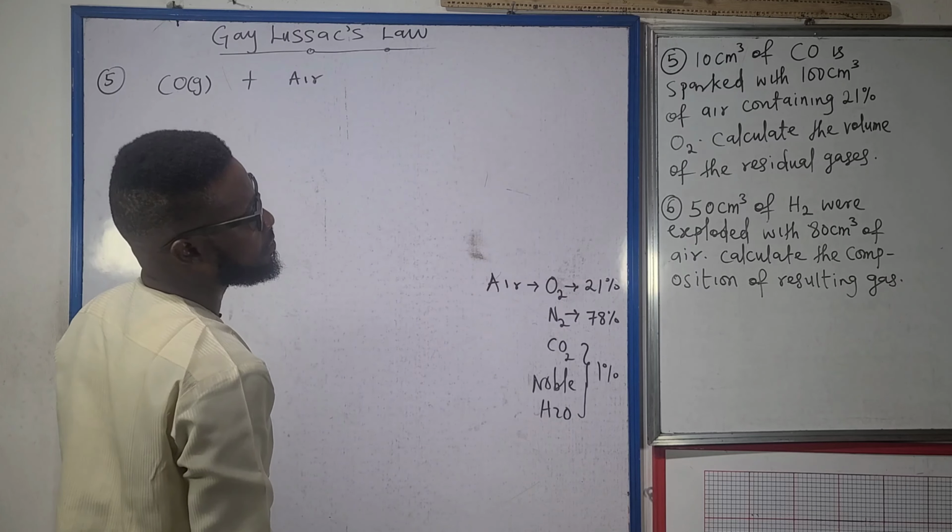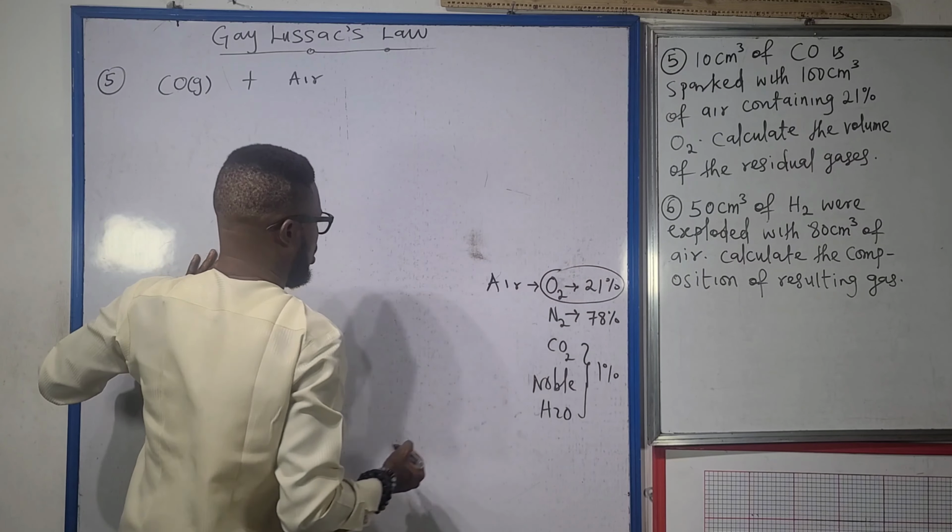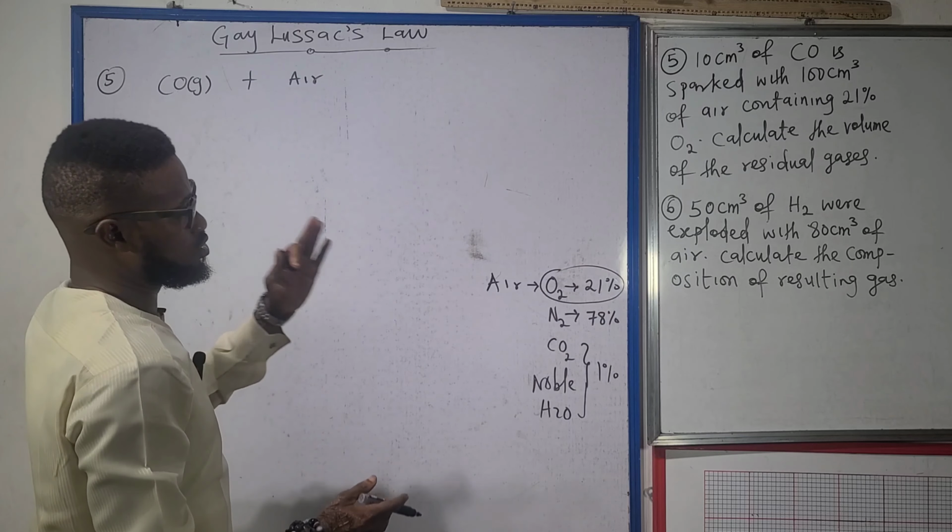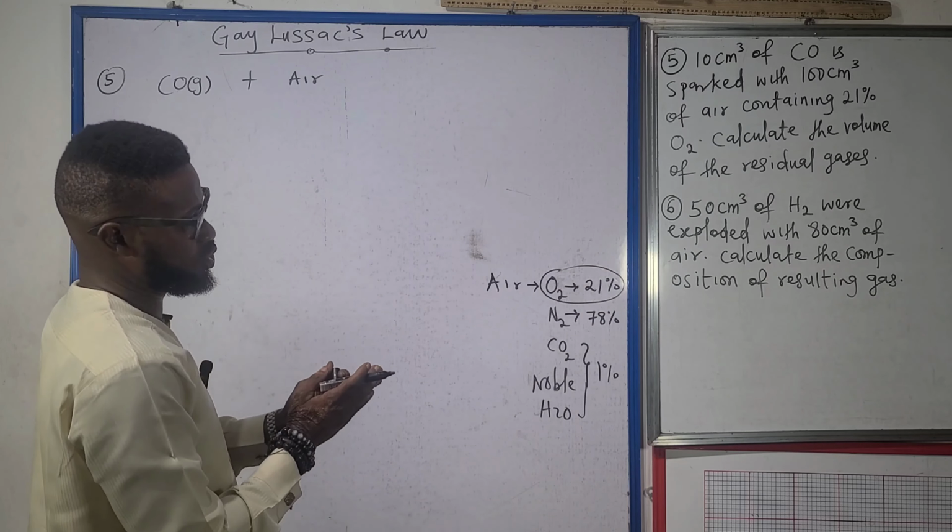It is going to react only with the oxygen component of air. We have 100 cm³ of air, and the oxygen component is 21% of that 100 cm³, so the oxygen I have here is 21 cm³, and this is what will go into the reaction.